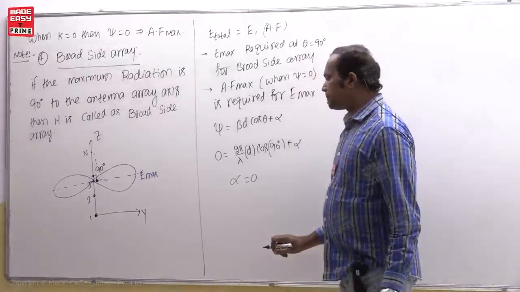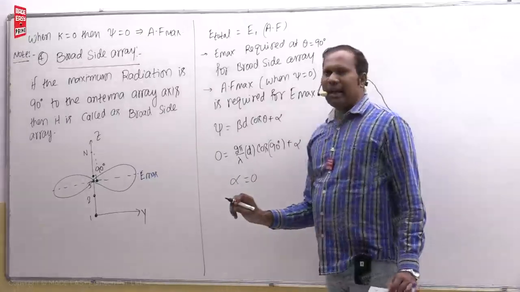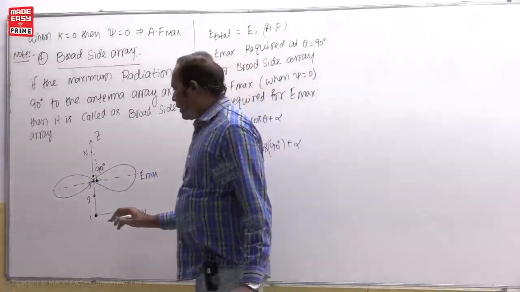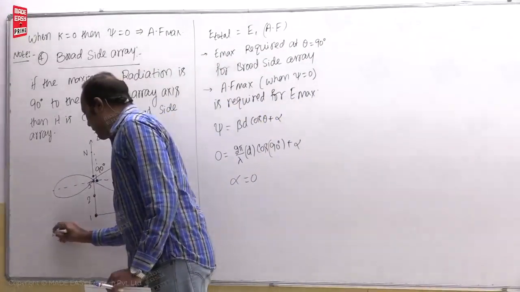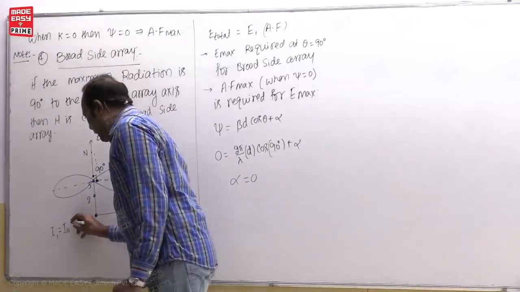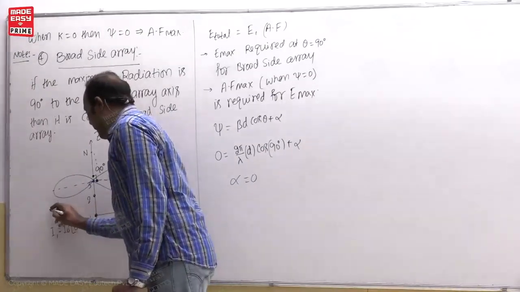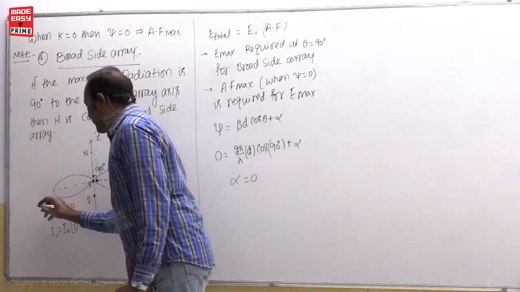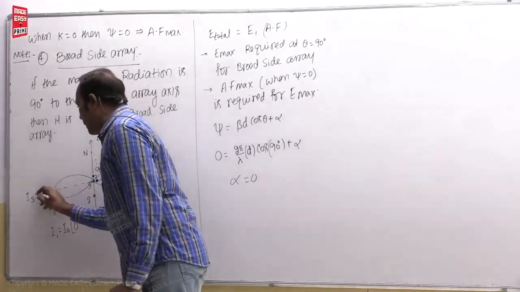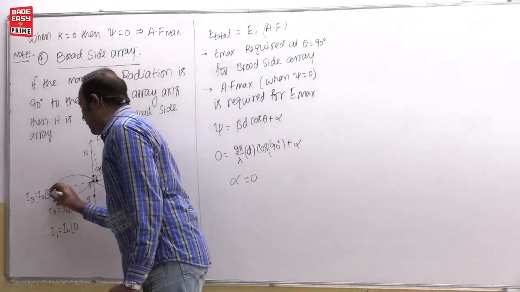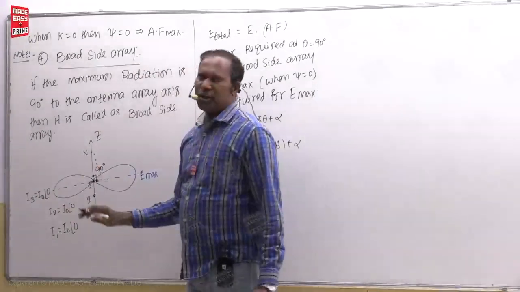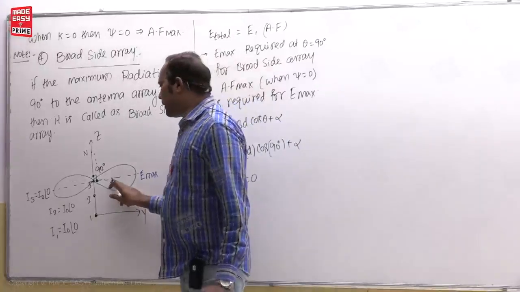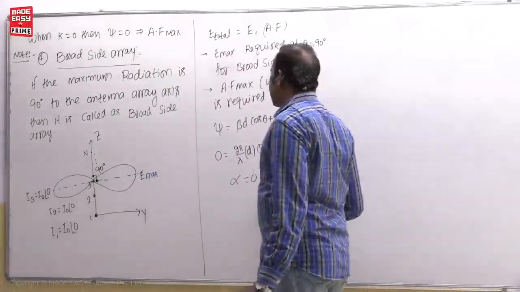The meaning is that if you take alpha 0 here, in this case I1 is equal to I0 at an angle of 0, then I2 is equal to I0 at an angle of 0, I3 is equal to I0 at an angle of 0. That means you take 0 0 0 phase shift, then automatically you get this type of pattern. That is the design.